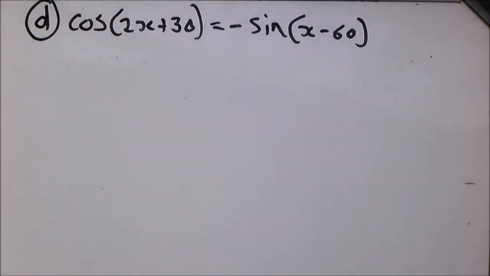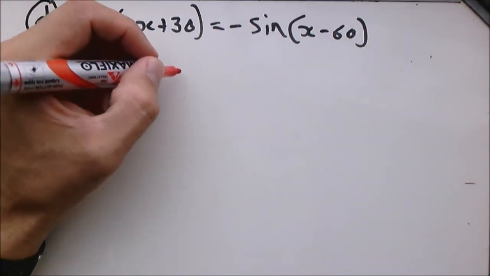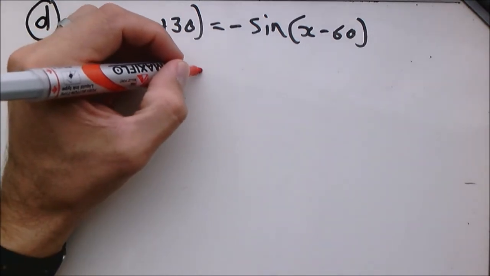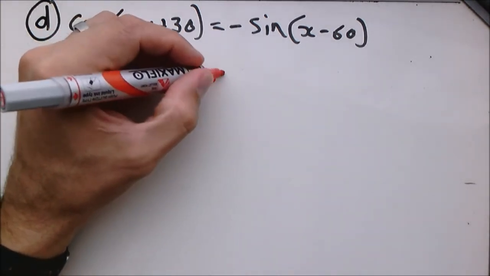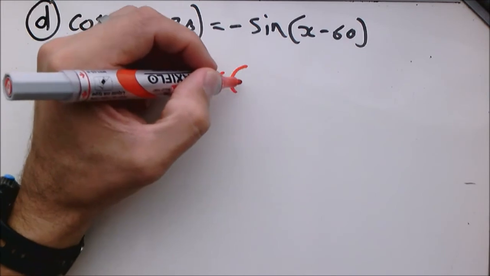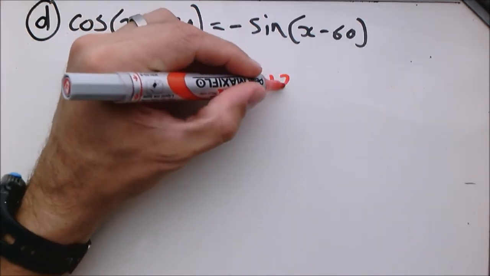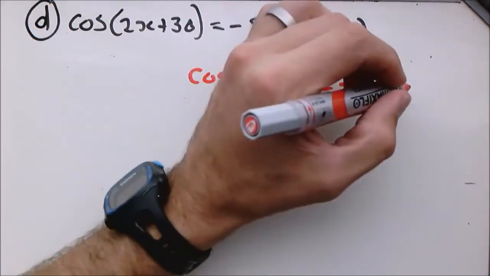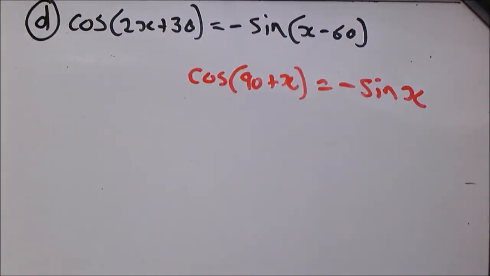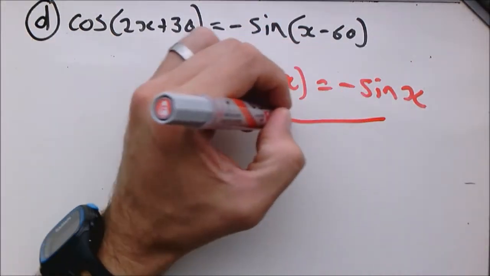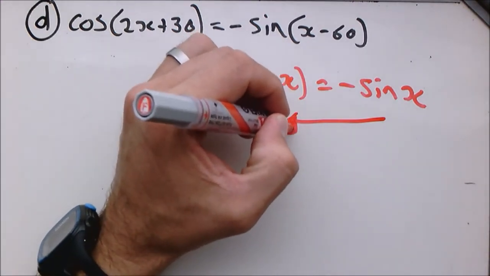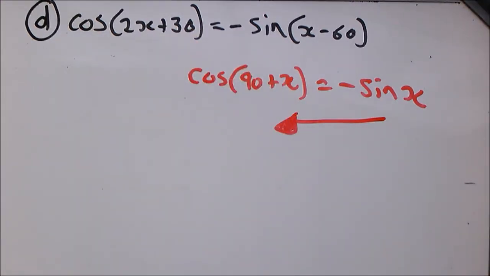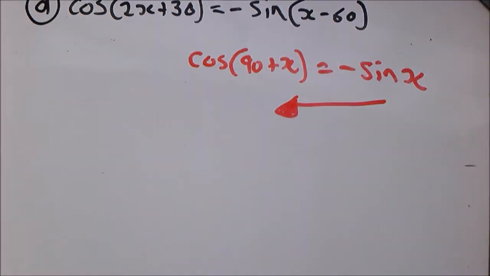Okay, if you remember correctly from the reduction formula, there's one that ends up with a negative value, and that's cos bracket 90 plus x equals negative sine x. So if we use this reduction formula in the reverse direction, it would be much easier and quicker to solve this one. Okay, so we are going to apply that one.